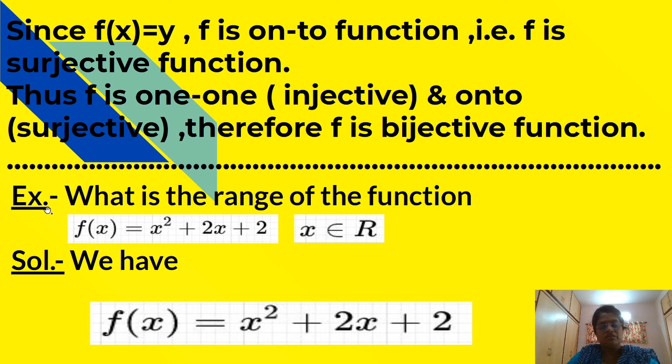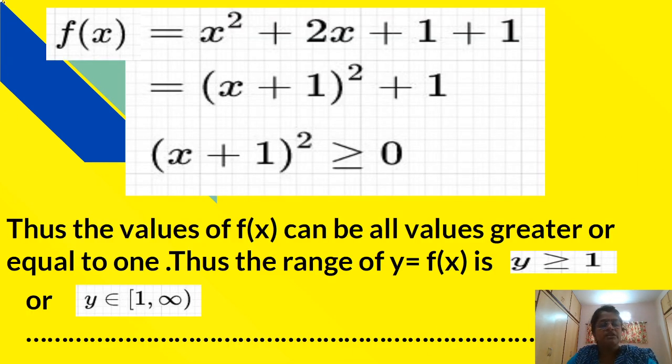See the next example. What is the range of the function f(x) = x² + 2x + 2, where x belongs to R? See the solution. We have f(x) = x² + 2x + 2, which can be written as f(x) = x² + 2x + 1 + 1.